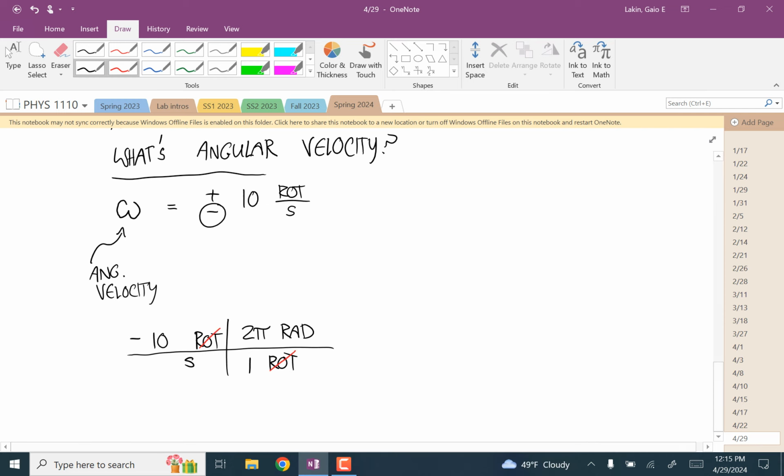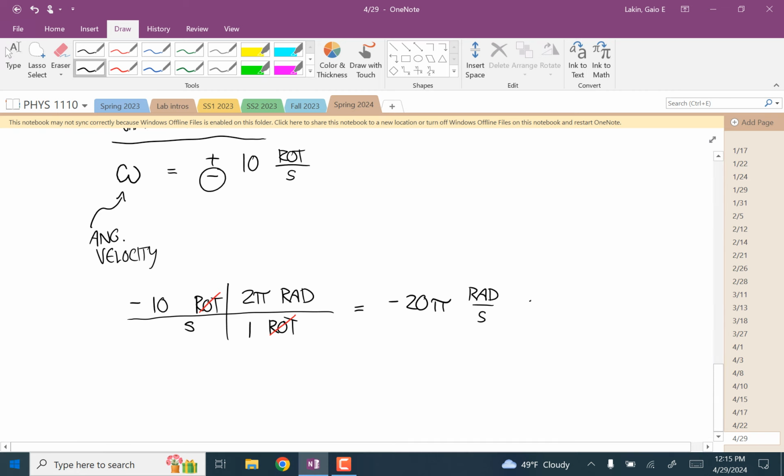So the rotations cancel, and you end up with negative 20 times pi radians per second. Okay? We could put that in decimals as negative 62.83.